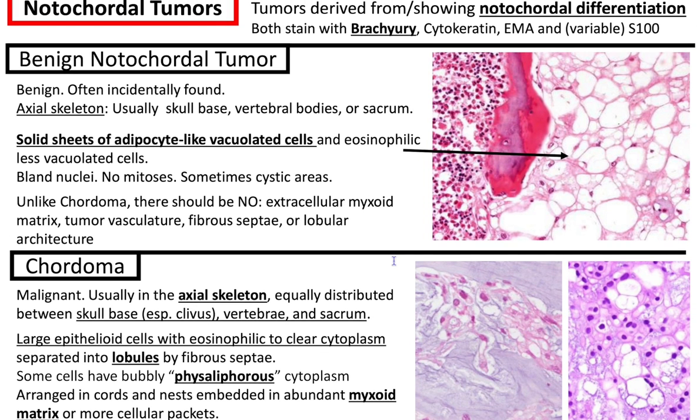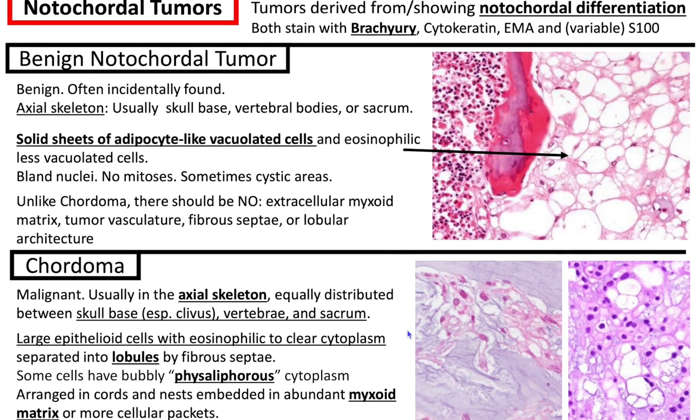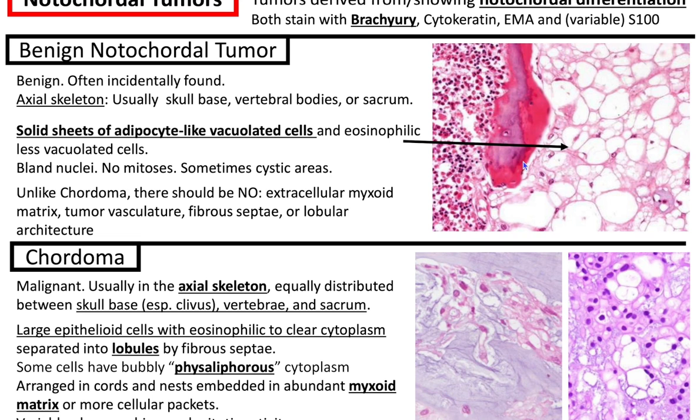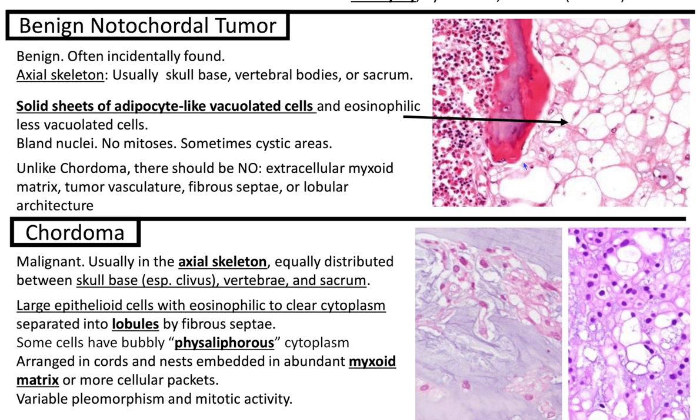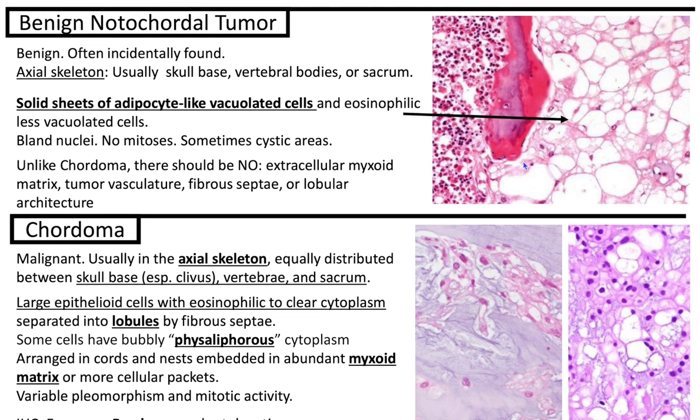Notochordal tumors. These are tumors derived from or showing notochordal differentiation, and that includes staining with brachyury, cytokeratin, EMA, and S100. So benign or variable S100. So benign notochordal tumors, these are, as the name implies, benign.